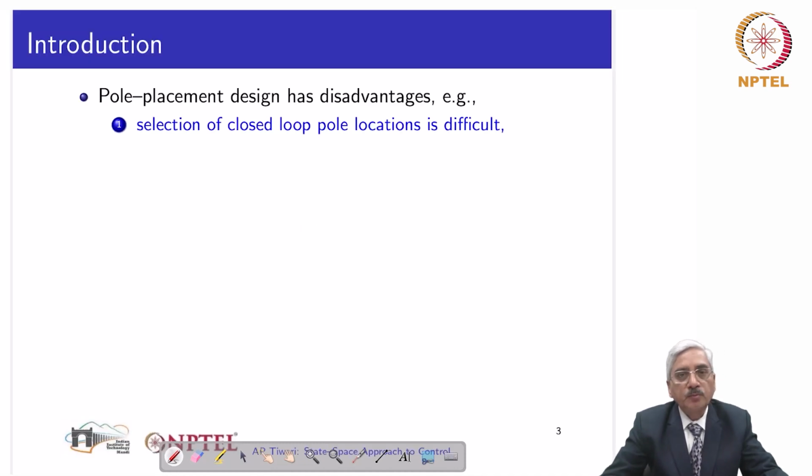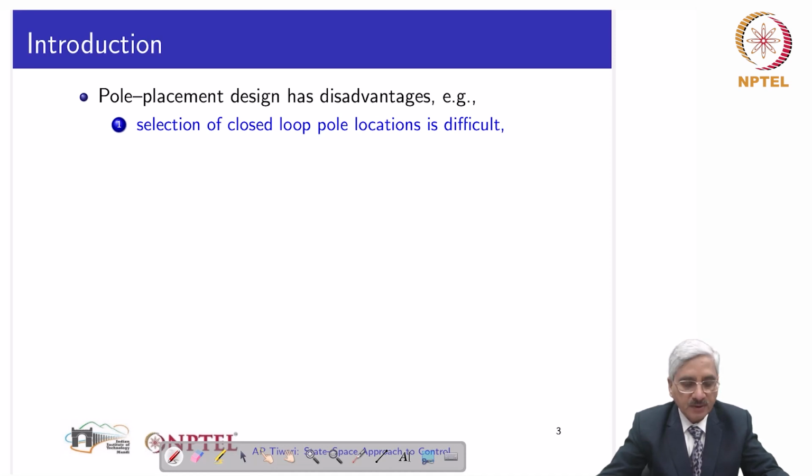Selection of closed loop pole locations is very difficult. Even though we say that poles should be placed so that the coefficients of the desired characteristic equation are met, we do not know what the desired coefficients should be.